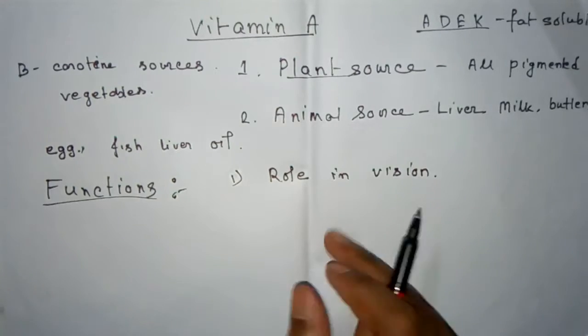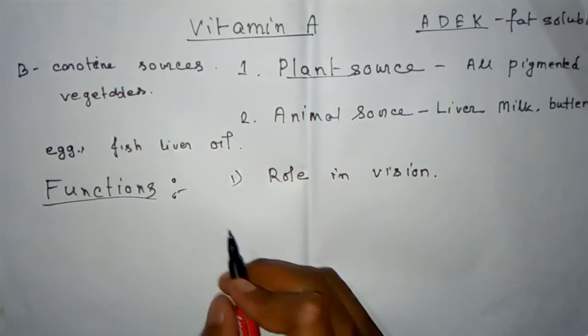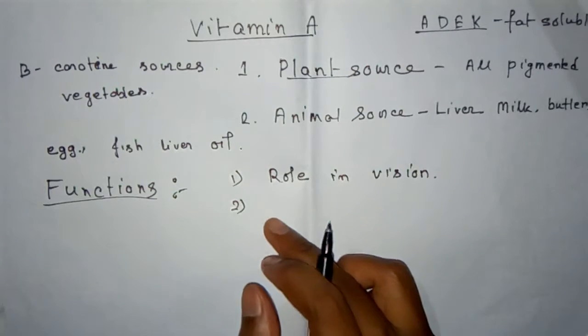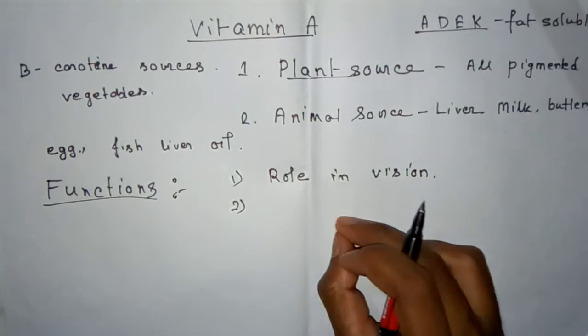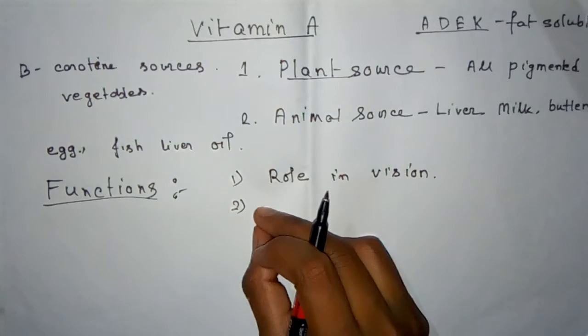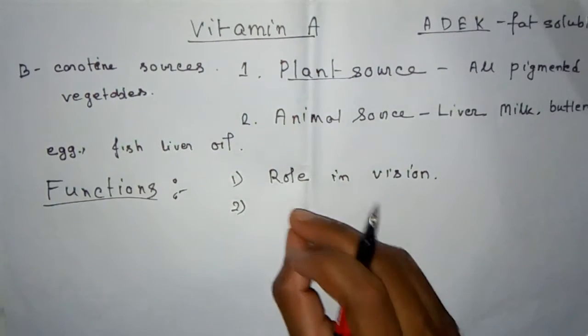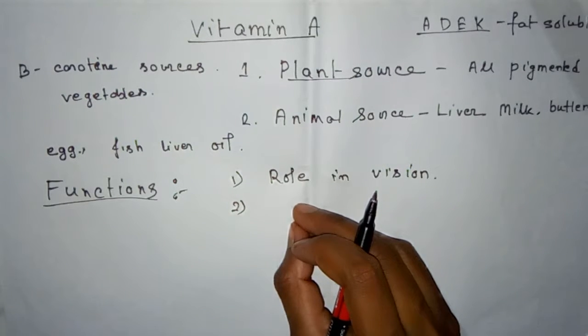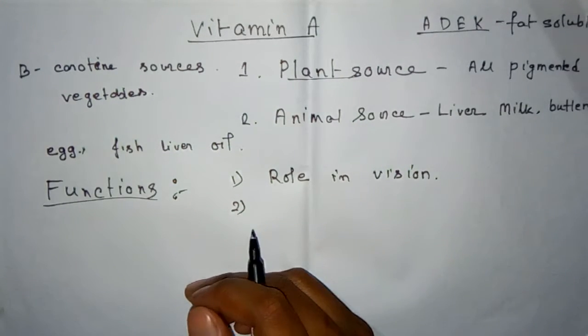Number two, vitamin A helps in maintaining the integrity of the epithelial tissues, such as the epithelial layers of skin, respiratory mucosa, esophagus and genital tract.